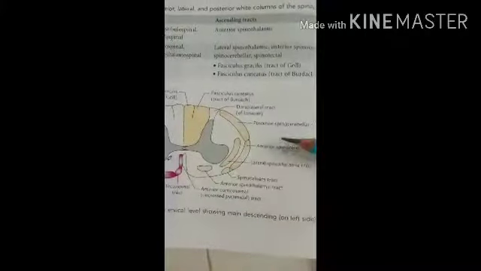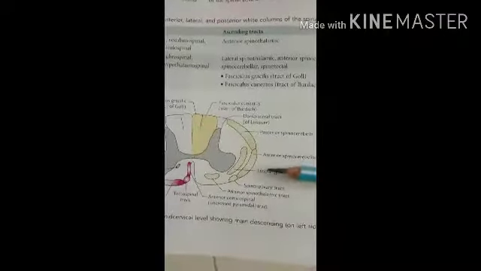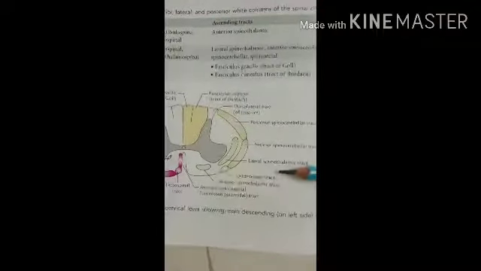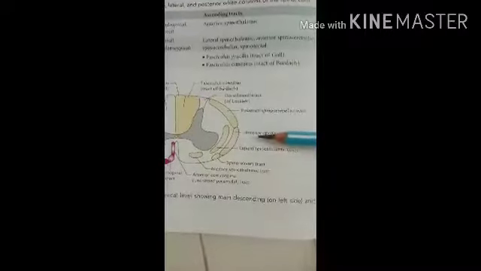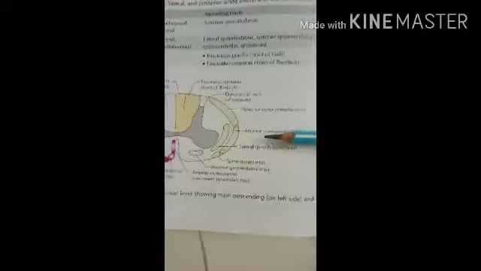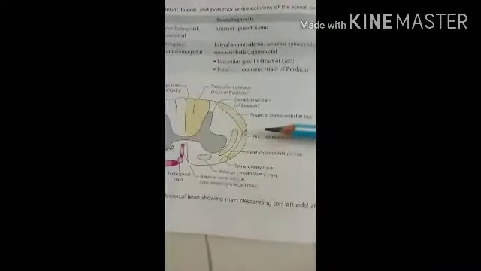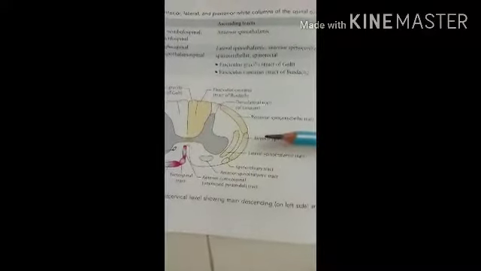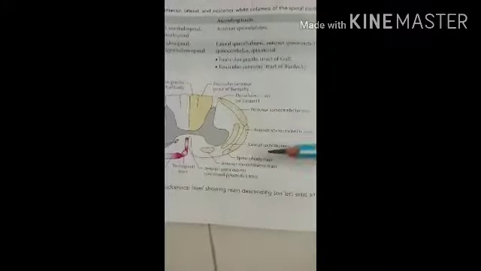The lateral spinothalamic tract carries the sensation of pain and temperature. It begins from the substantia gelatinosa of the posterior gray column, crosses to the opposite side in the same spinal segment, forms the spinal lemniscus in the medulla, and reaches area 3, 1, 2. So that is the lateral spinothalamic tract.